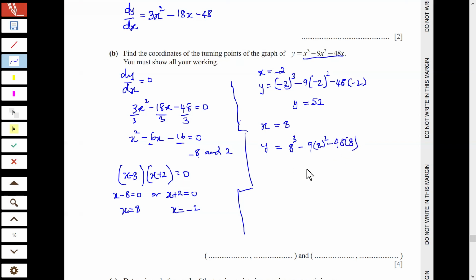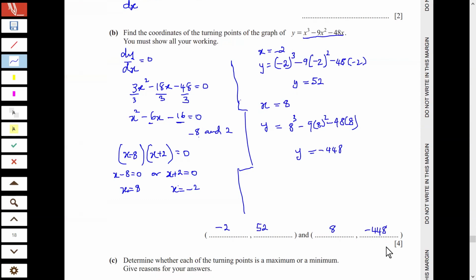Now, using your calculator to multiply this out, we're going to get the value of y to be equal to negative 448. So here we have when x is negative 2, y is 52, and when x is equal to 8, y is negative 448.